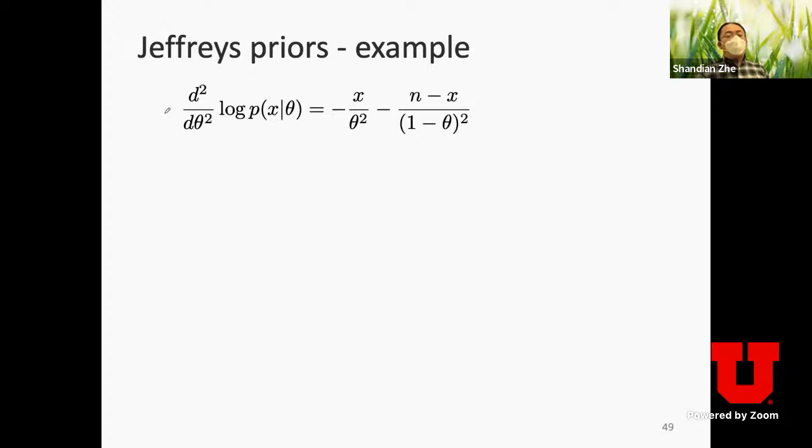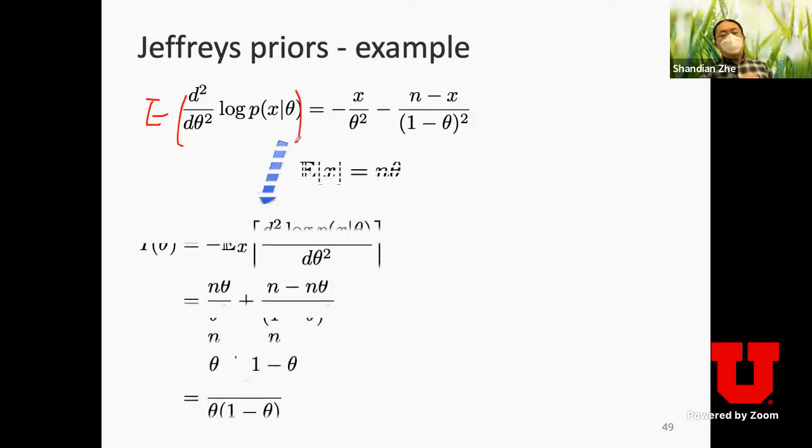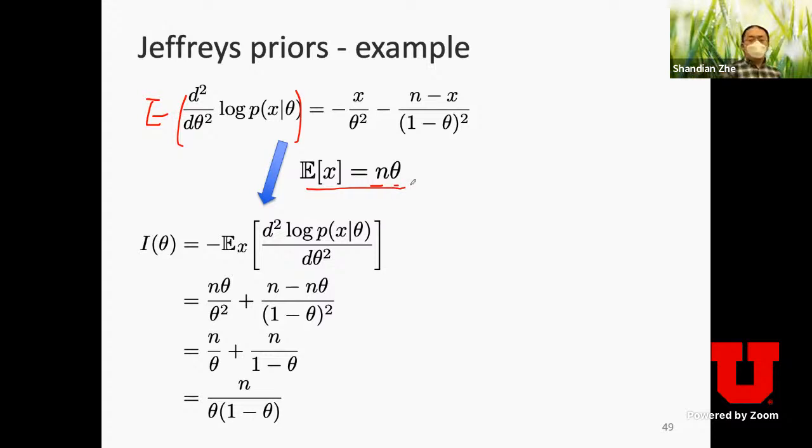Now we need to take the expectation of the second order derivative. Remember, the second order derivative is still a function of x, and x is a random variable, so you can take the expectation with respect to x. We know that the expectation of x is simply the number of trials times the probability theta. This is a known result for the binomial distribution we discussed previously, and a convenient way to get this expectation.